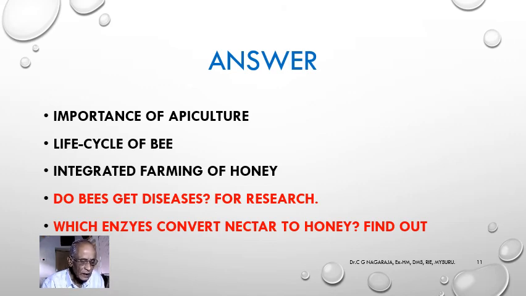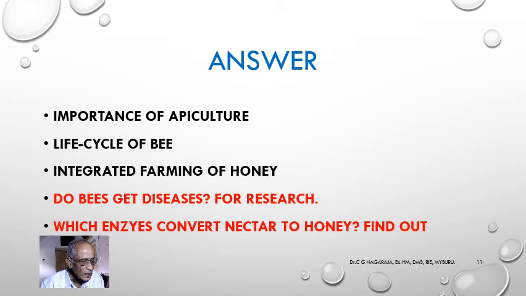And thirdly, I am asking two important questions which textbooks have not given. You may have to find out from Google. Do bees get diseases? Do they have any diseases? Find out. Which enzyme converts nectar into honey?